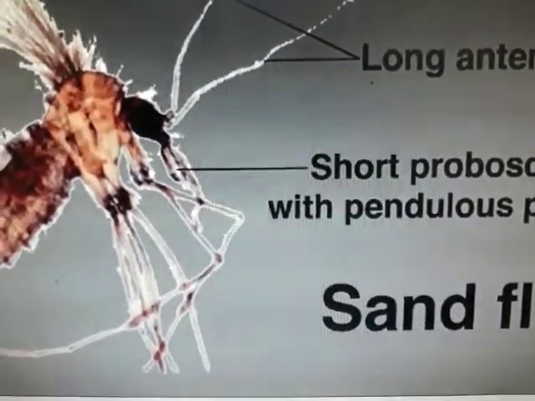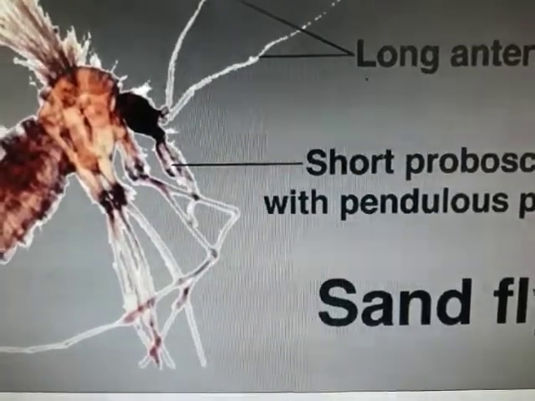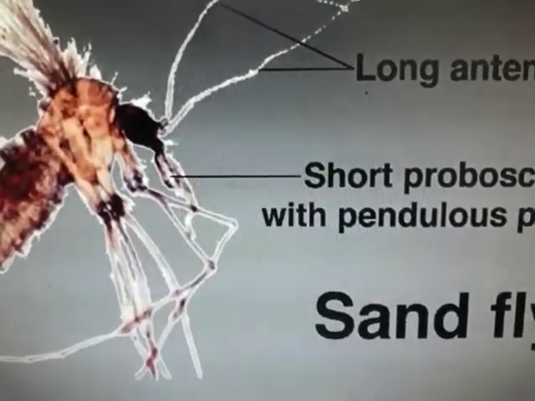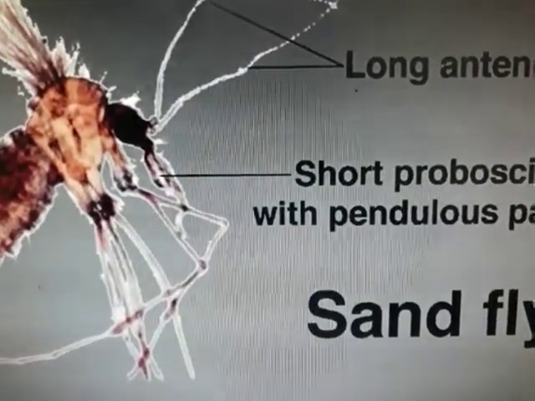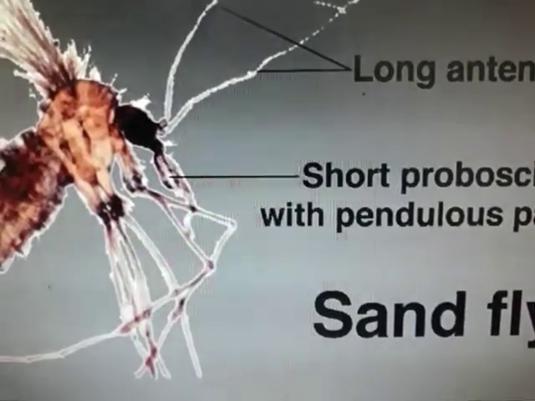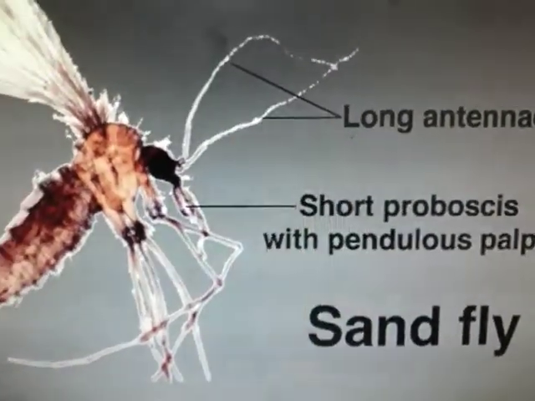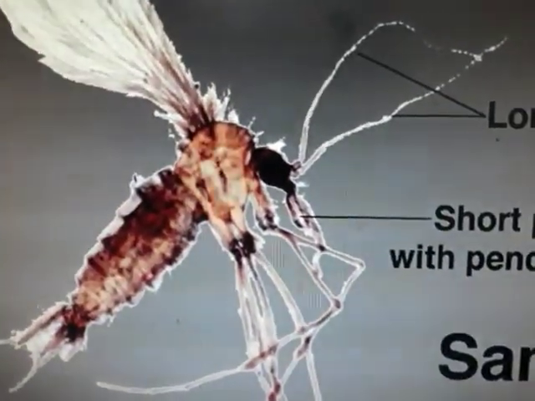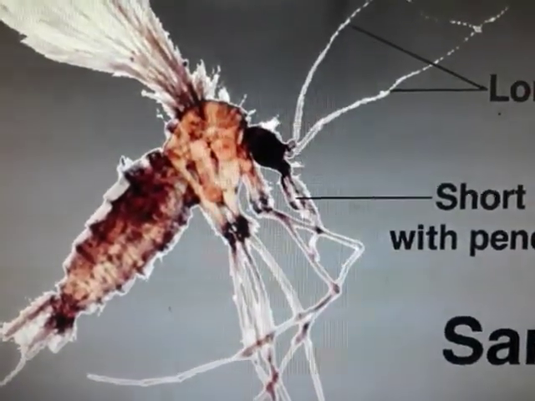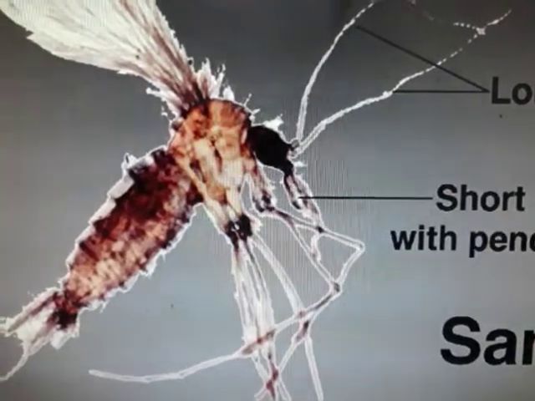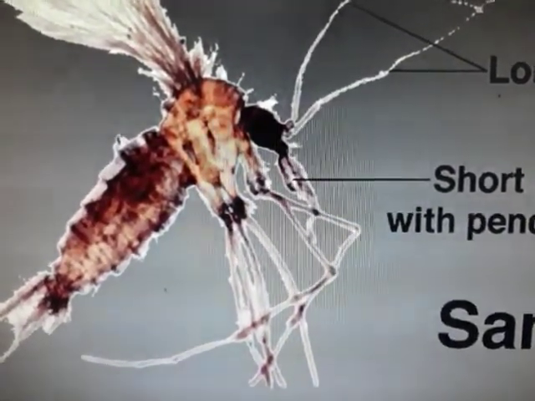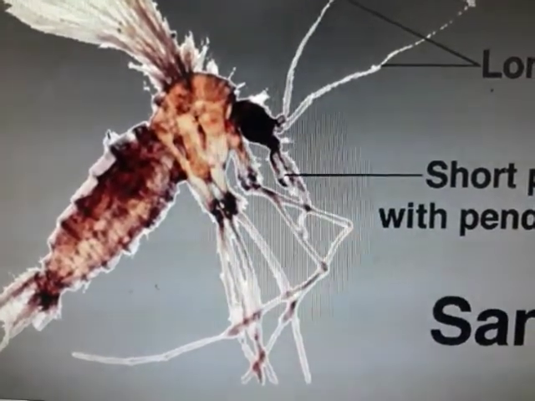Sandflies are blood-sucking insects, and like mosquitoes, many female flies suck blood. They occur in the southern states of America and in tropical countries. They act as vectors of several diseases in various parts of the world, like three-day fever.